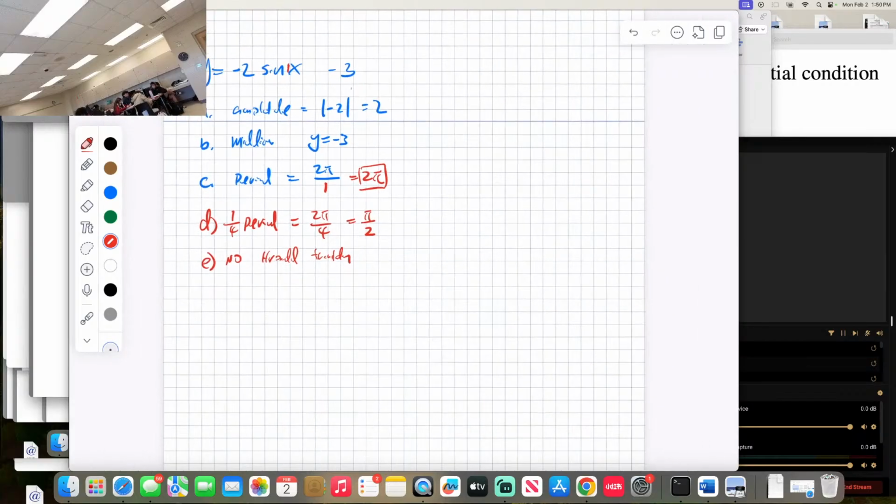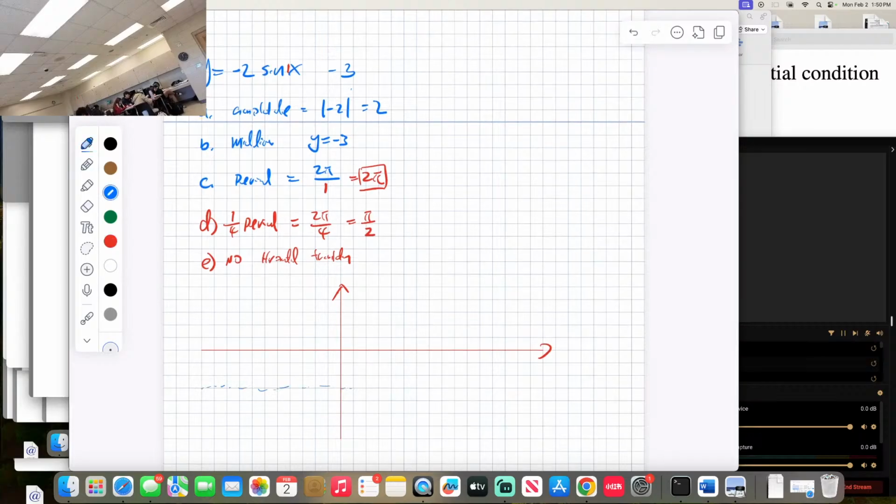So in this particular case, now I'm gonna graph. So what do I graph first? I actually graph the midline first. Why do I graph the midline? Because the midline can tell me where the graph is gonna go up or down. So this is y equal to -3.